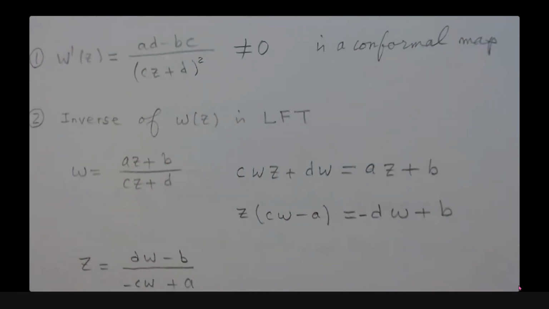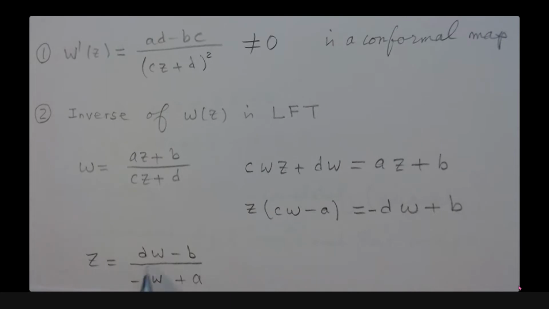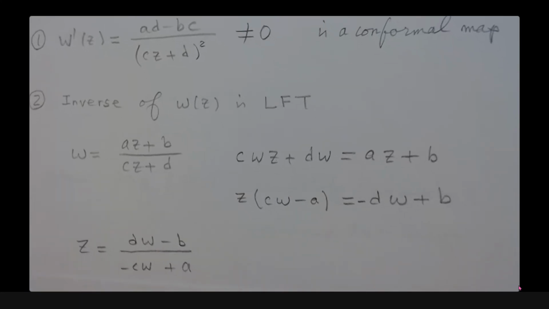So this again is a linear transformation, right? But this time the variable is W. Anyways, good news. Second observation, if you're working with a Mobius function, it has inverse, and its inverse, also a Mobius function, is a linear fractional transformation, right?